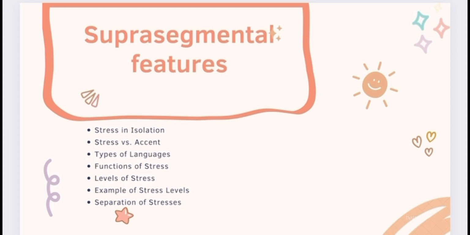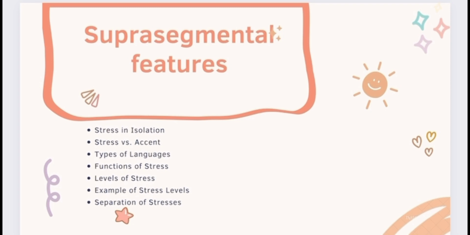Levels of stress. Traditionally, stress is categorized into different degrees or levels at the word level. Example of stress levels: in the word competition, this syllable carries primary stress, while the syllable com also has a weaker form of stress known as secondary stress.